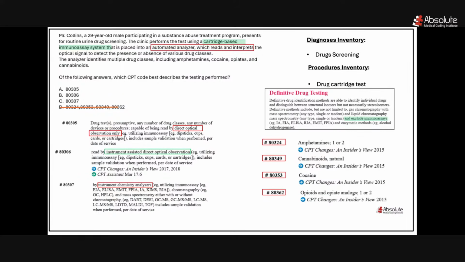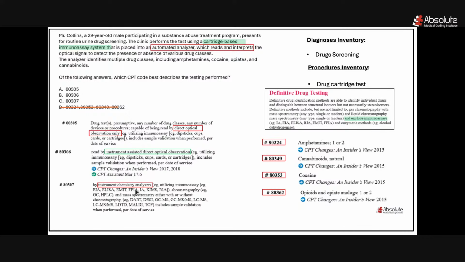Option B, 80306, uses an instrument-assisted direct optical observation, and that's exactly what happened in our scenario. I hope this explanation helped and it's clear how to differentiate between definitive and presumptive drug testing.